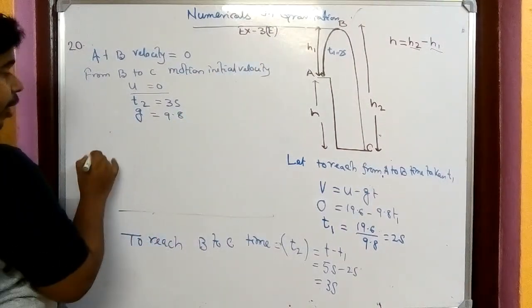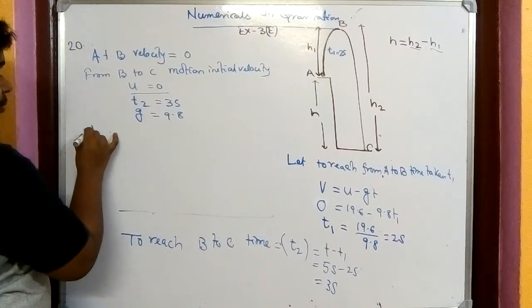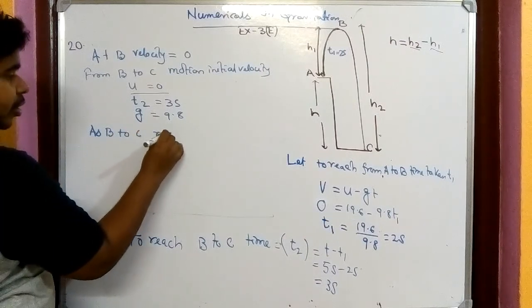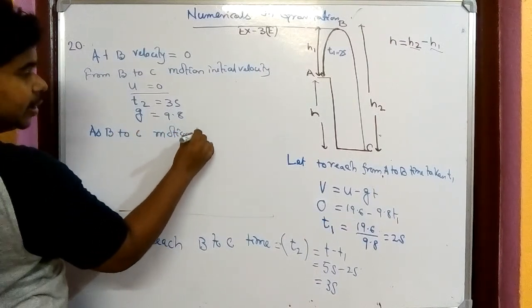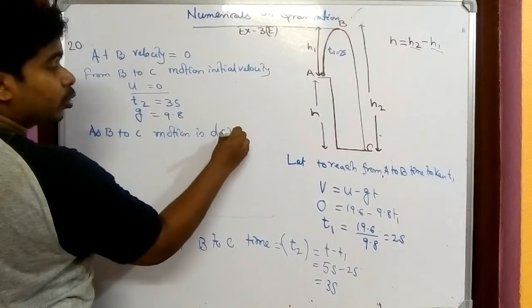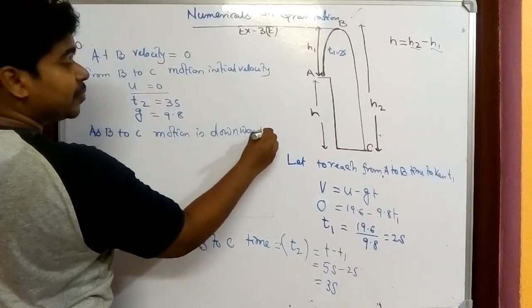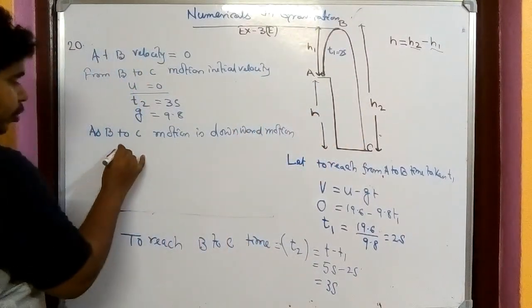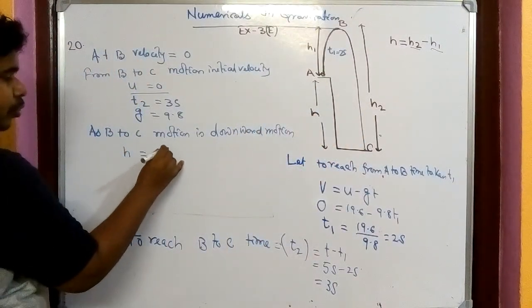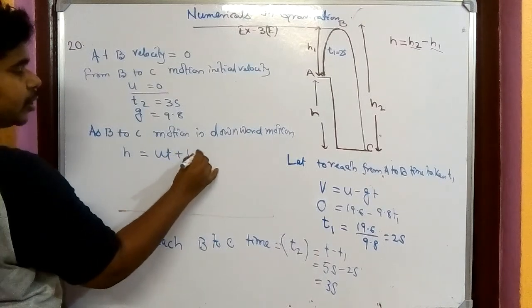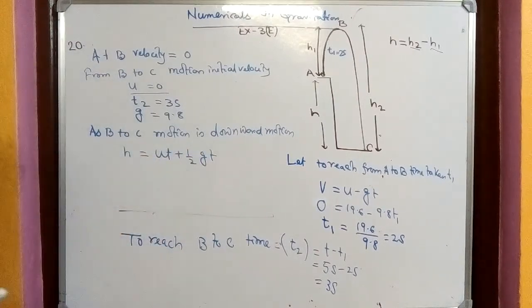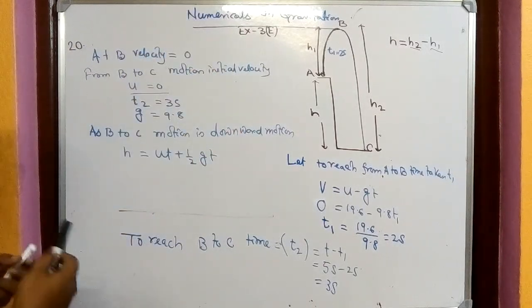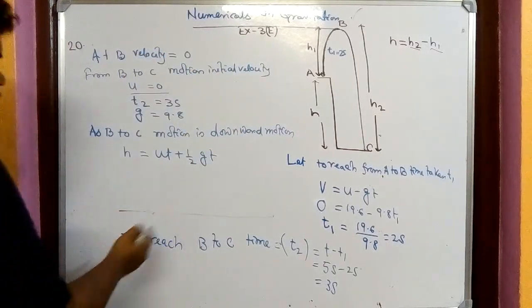So which equation do we have to use? As B to C is a downward motion, see it is coming downward, we have to use the equation h equals ut plus half gt square. Here you have to take plus, as it is a downward motion. If it is an upward motion, we have to take minus. So let's put the values.